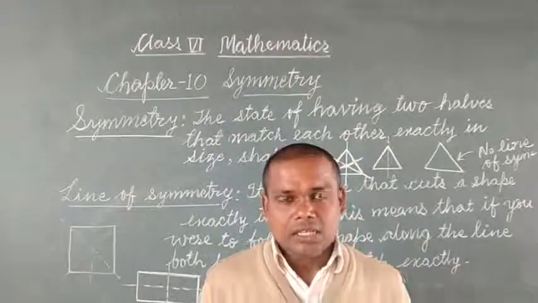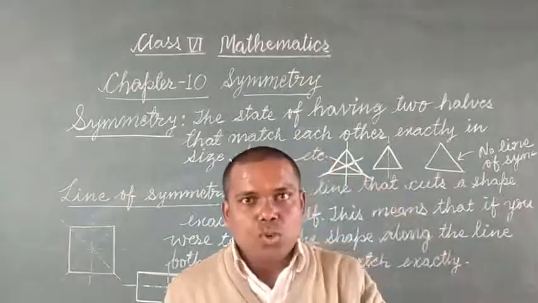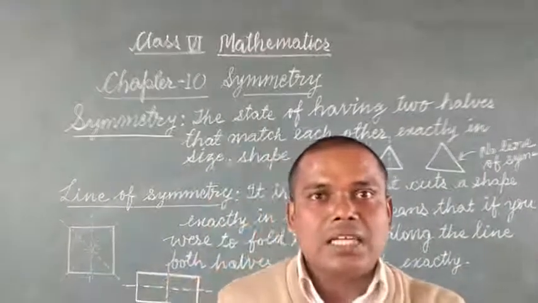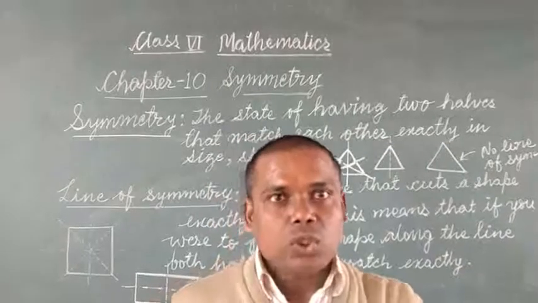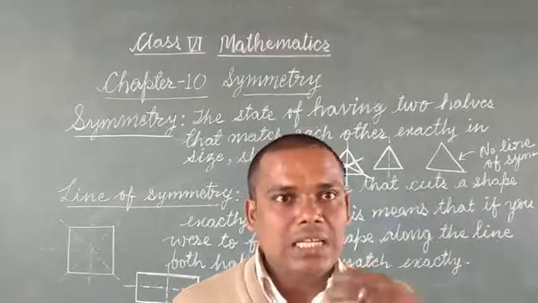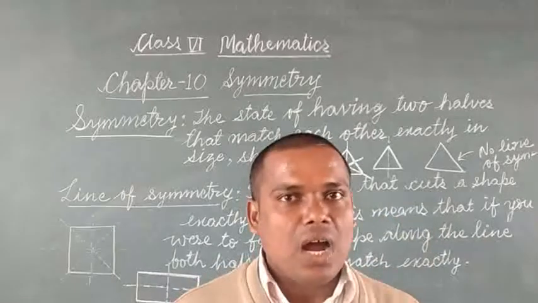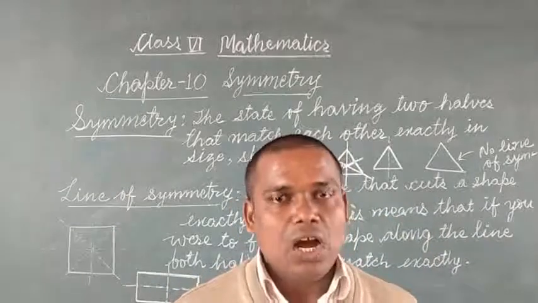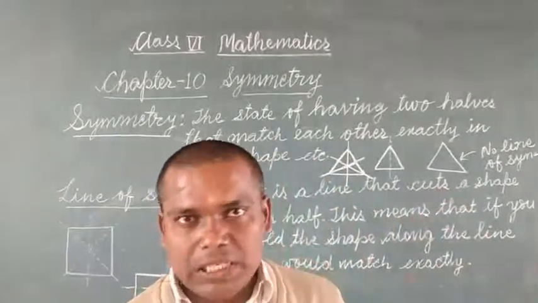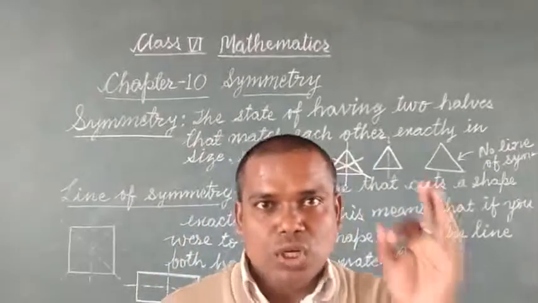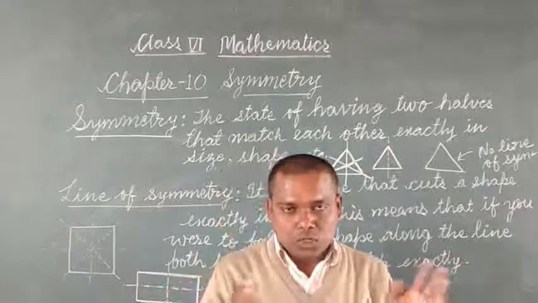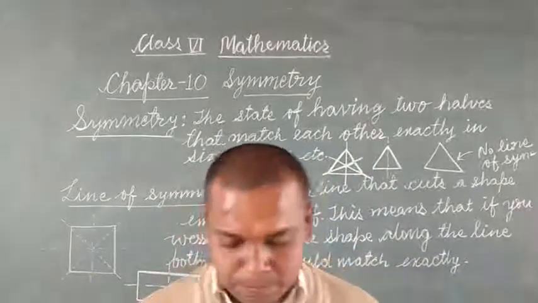So a mirror also acts as a line of symmetry, because it shows exactly the copy. Or if you keep any paper in front of a mirror, it will show the exact copy of that. So with the help of a mirror, we can also understand the line of symmetry.